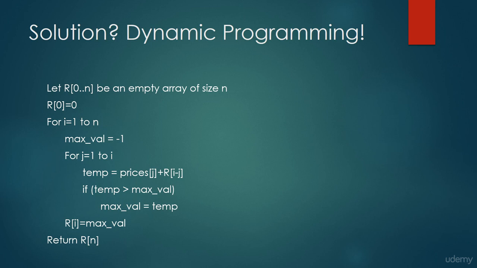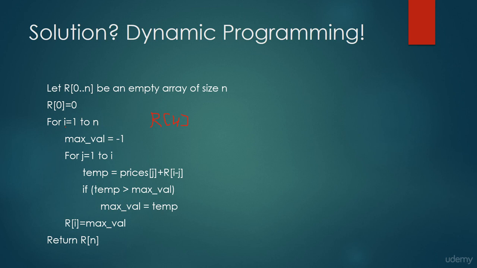So what is happening here is that we first calculate R1, then R2, then R3, then R4. Let's say we're calculating R4.